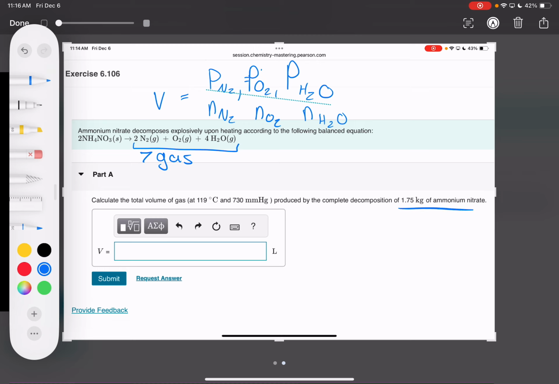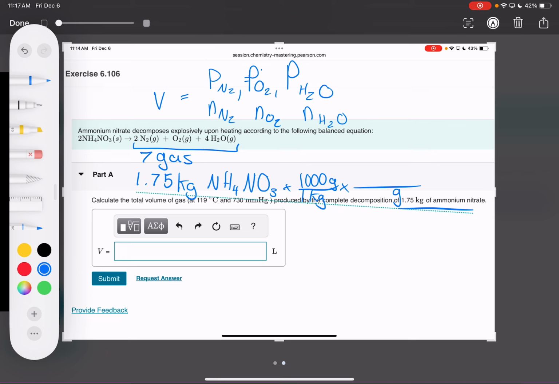So what I can do is take this starting value, 1.75 kilograms of ammonium nitrate, obviously I'm going to convert that to grams first. Then I'm going to do molar mass.